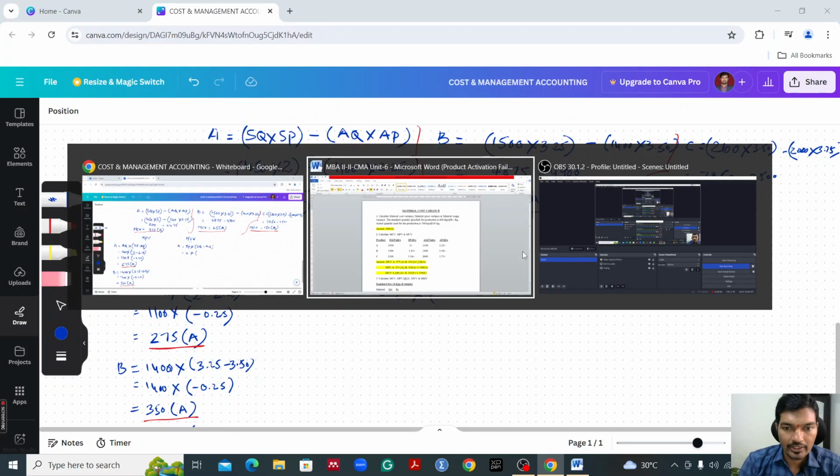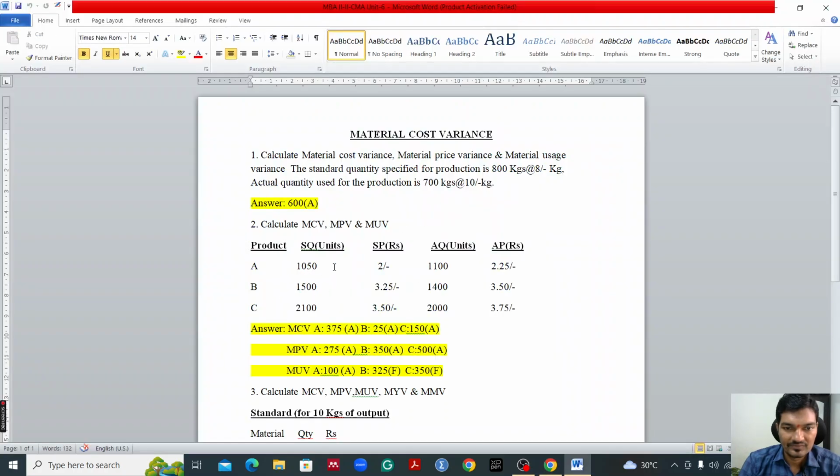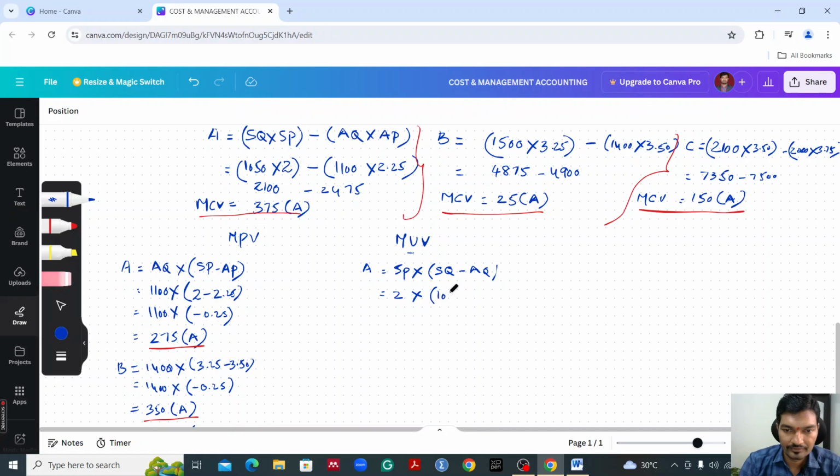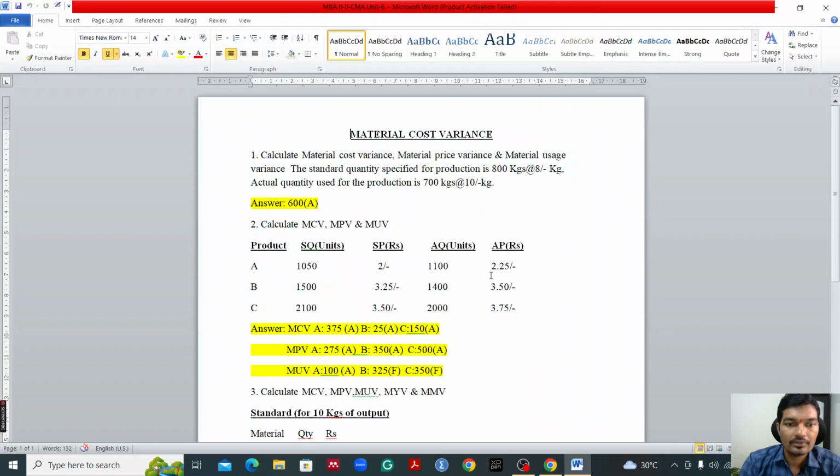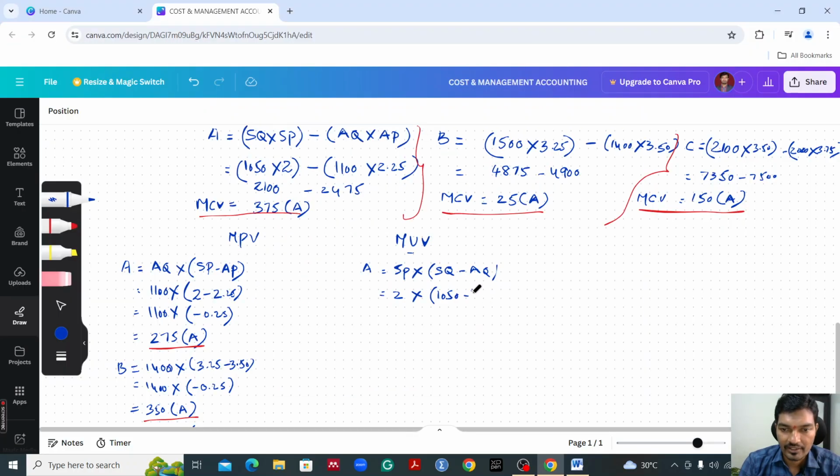What is the standard quantity? 1050 units. And the actual quantity, 1100. So 2 into 1050 minus 1100, and we are getting a value again in minus, minus 50.